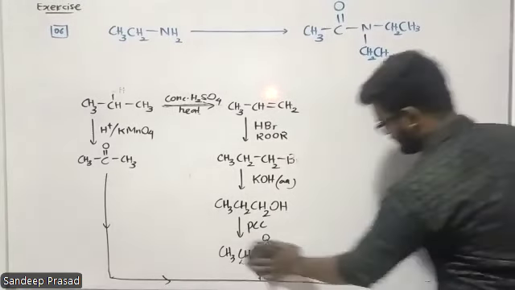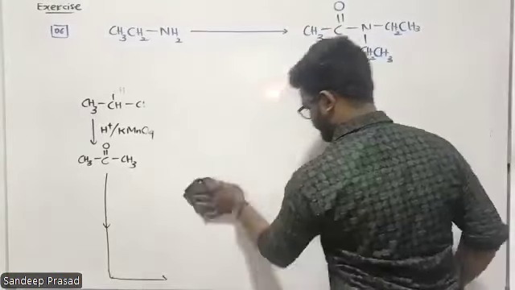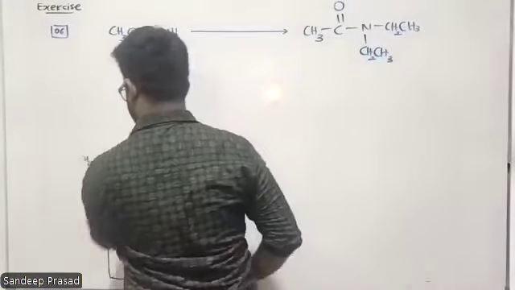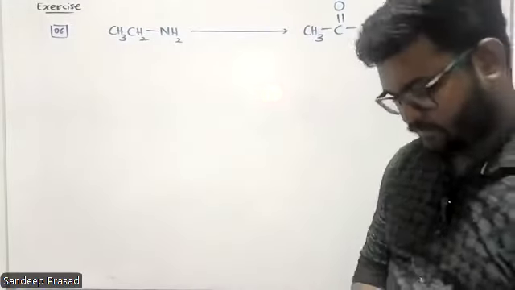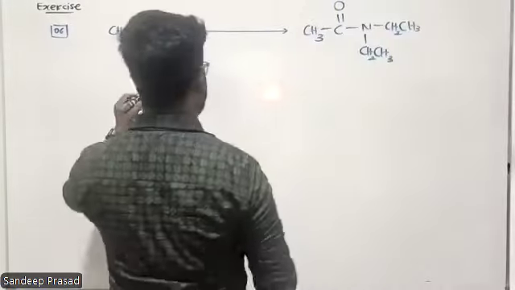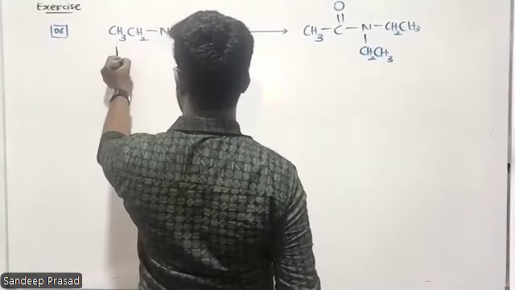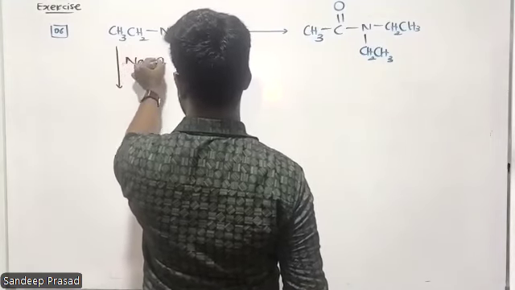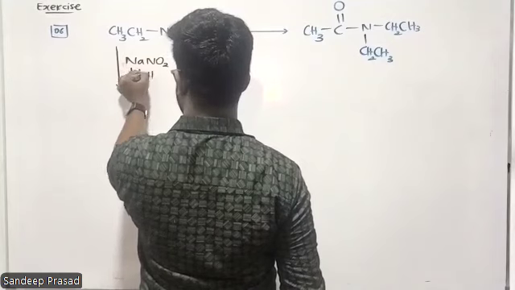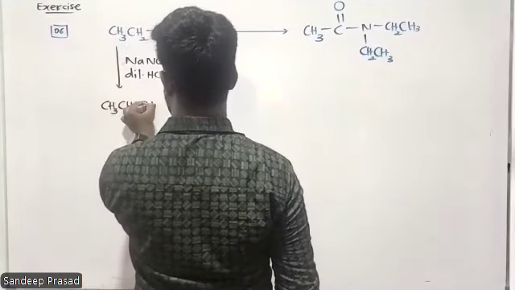Okay, I'll discuss this conversion with you. Look at this. Here I'm going to add sodium nitrite and diluted HCl. Then it is producing CH3CH2OH.